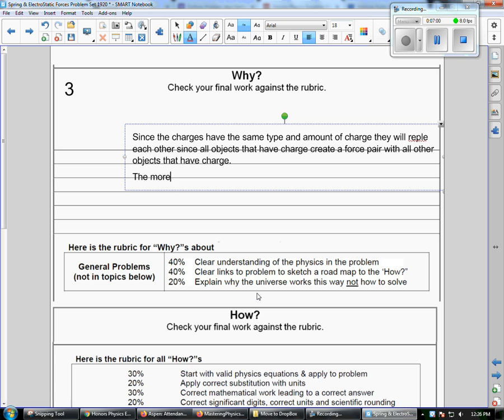The more charge, or the closer the objects are together, the greater the amount of force.